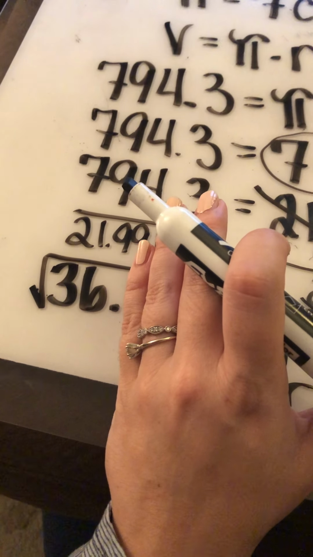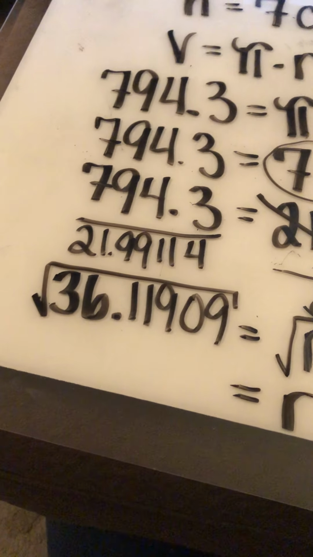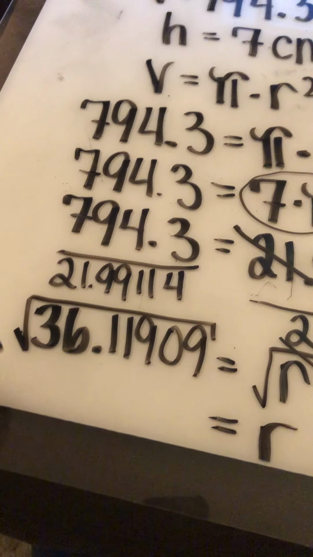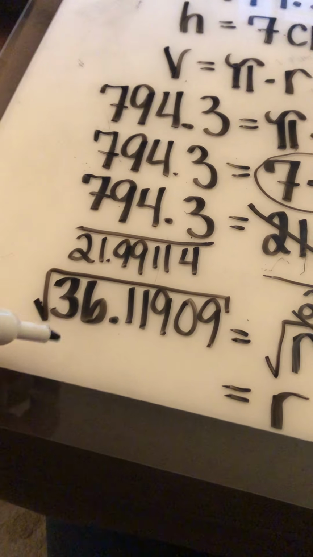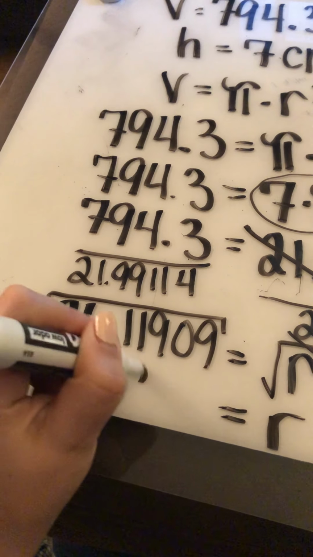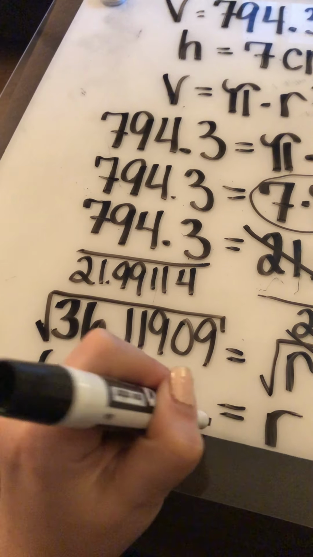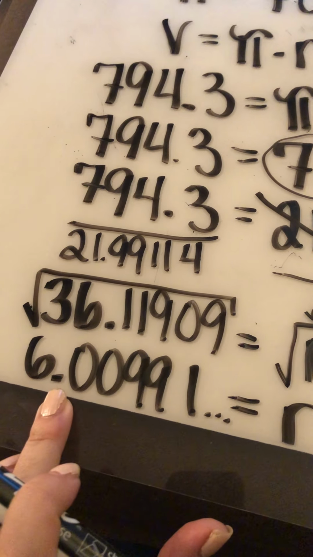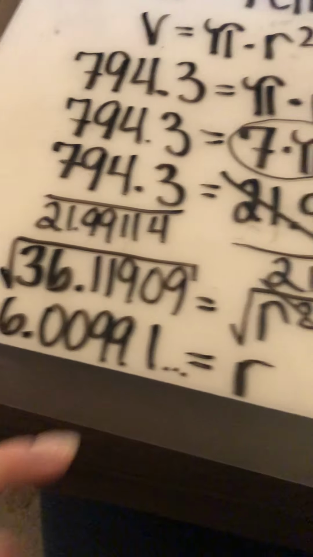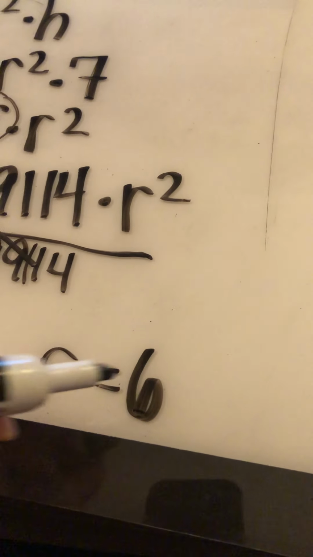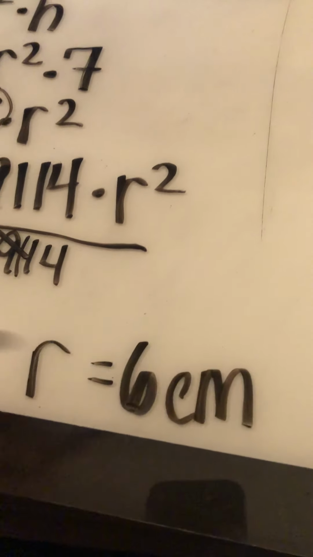So when I find that calculation, I am using reasonability and just saying, if I don't get that, something's up, right? But if you plug it in correctly, you should get 6.00991... And then when we round to the nearest tenth, guess what happens? It's going to wind up equaling that 6 after all. So we'll get r equals 6, and the units in this example were centimeters.